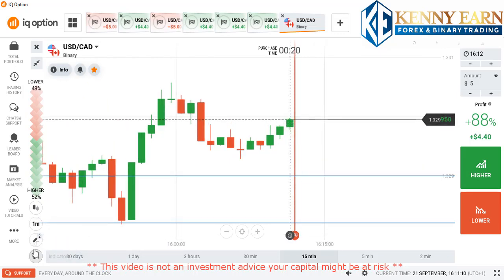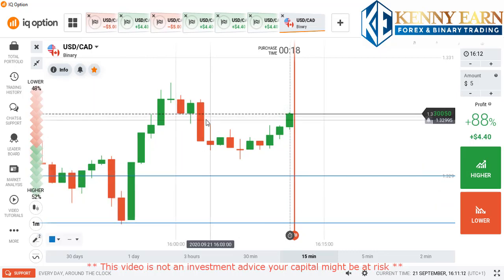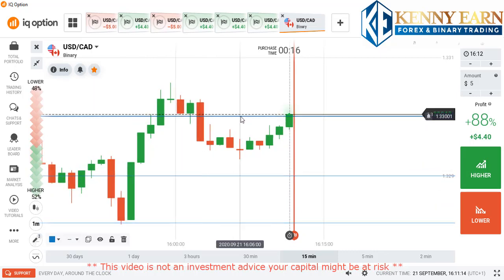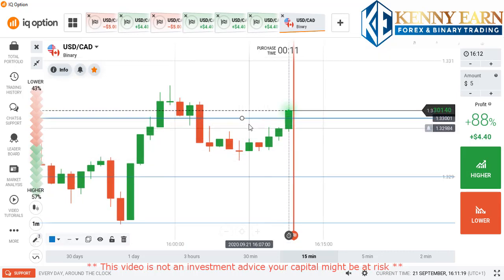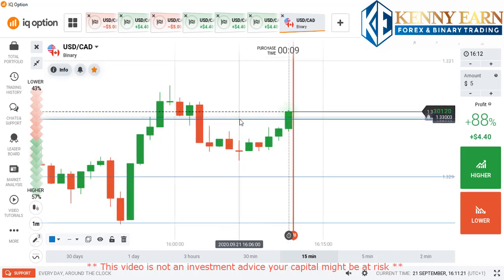Like I said, the market wants to retest that level. You can see it. It has retested that round number. So from this round number, it should be coming down, 1.3300.